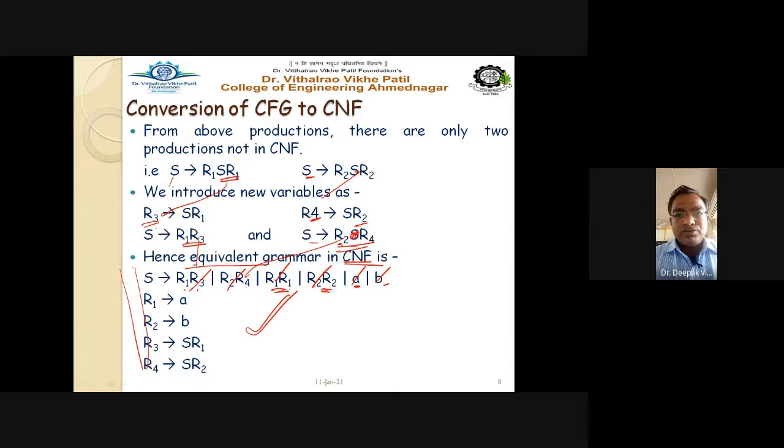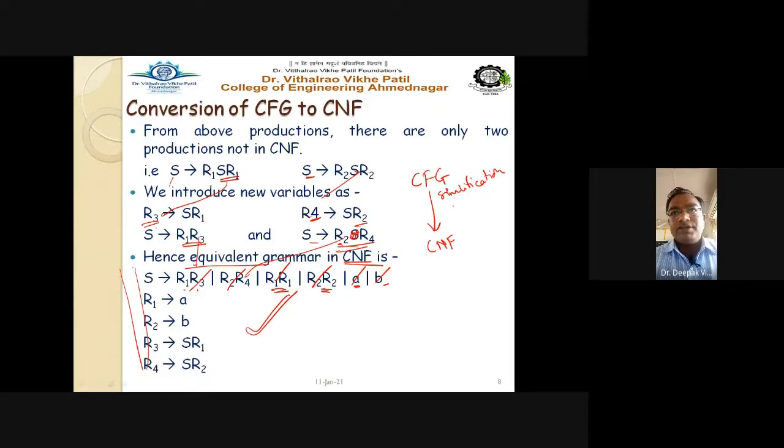Getting this point? So what we have learned now is that for converting our context-free grammar to the Chomsky normal form, the very first step is simplification. If the grammar is in a not simplified form, then we have to simplify.